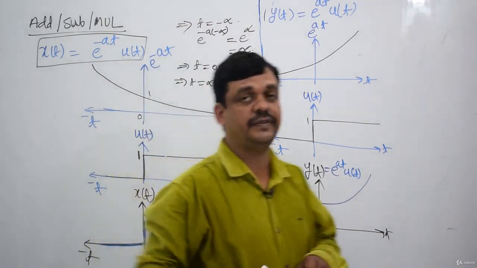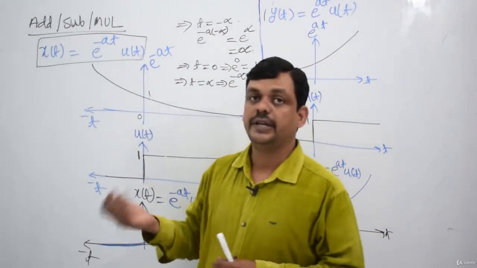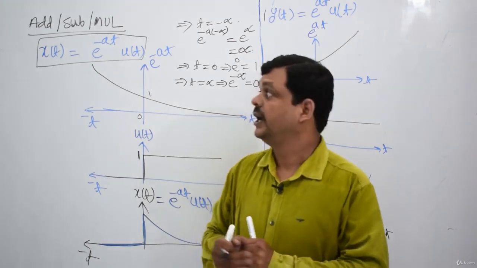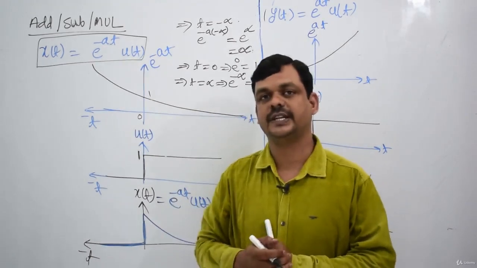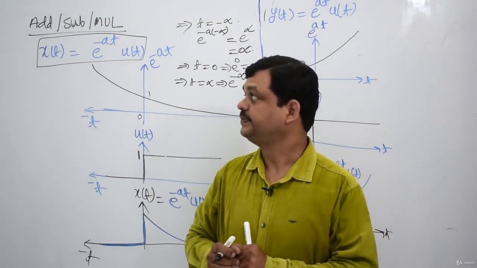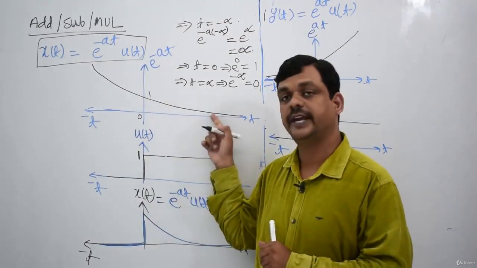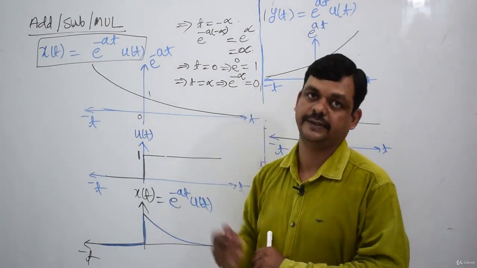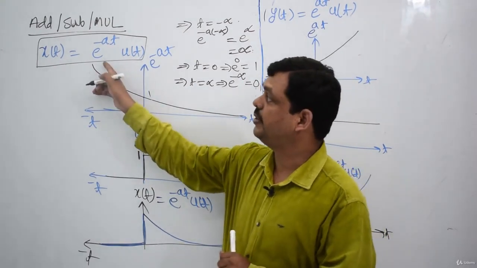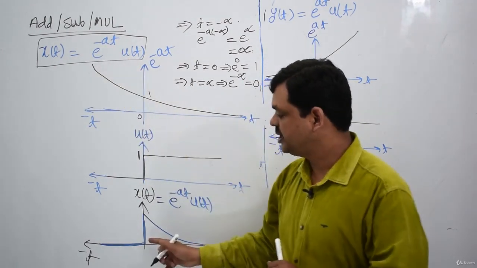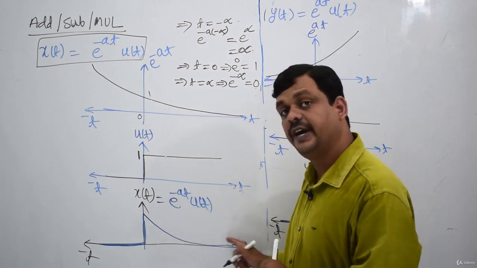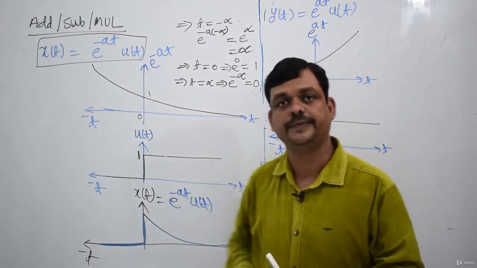These two functions are very important. According to signals and systems analysis, the exponential signal is one basic signal for all the systems. Here two types of representations are there: one is the exponentially decaying function and the other is the exponentially increasing function. If it is e power minus at into u of t, it is an exponentially decaying function defined from 0 to infinity.